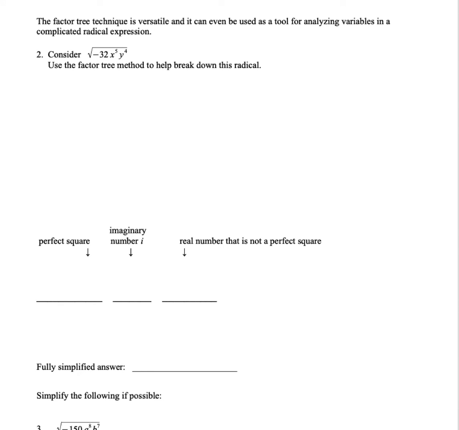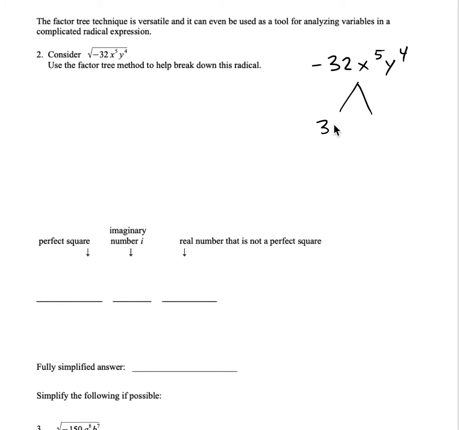Now, what if we have variables involved? What would we do then? We can include variables in our tree as well. And I don't have to include the negative here if I don't want. I can just put the i in later.